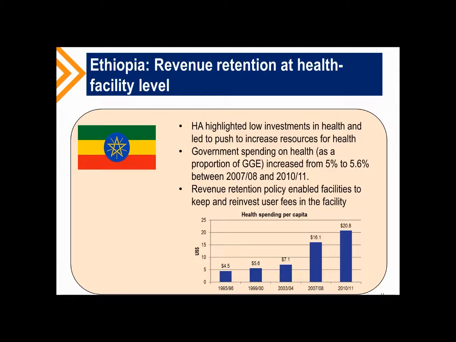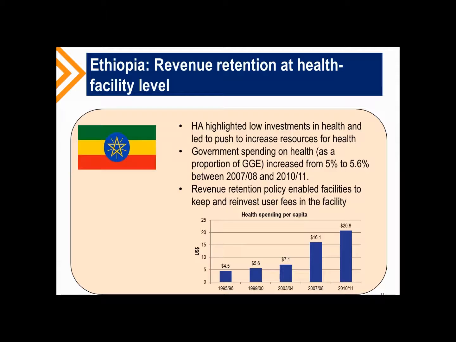In terms of the revenue retention example, there were many factors that contributed to increased funding. An example of one way in which Ethiopia mobilized resources for health was through revenue retention at the health facility level. Health accounts data was combined with other sources of data to show that spending on health was low, and there was low perceived quality of care at the facility level.